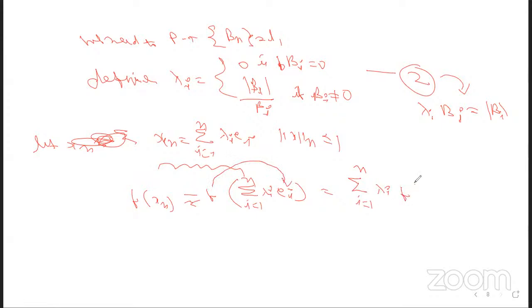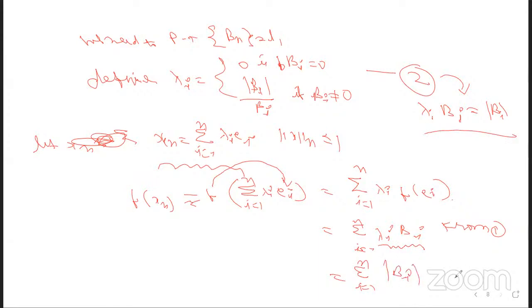We are writing f of e_i as beta i, so this is lambda i beta i, from equation number 1. So that equals sigma i equal to 1 to n mod beta i, from equation number 2.